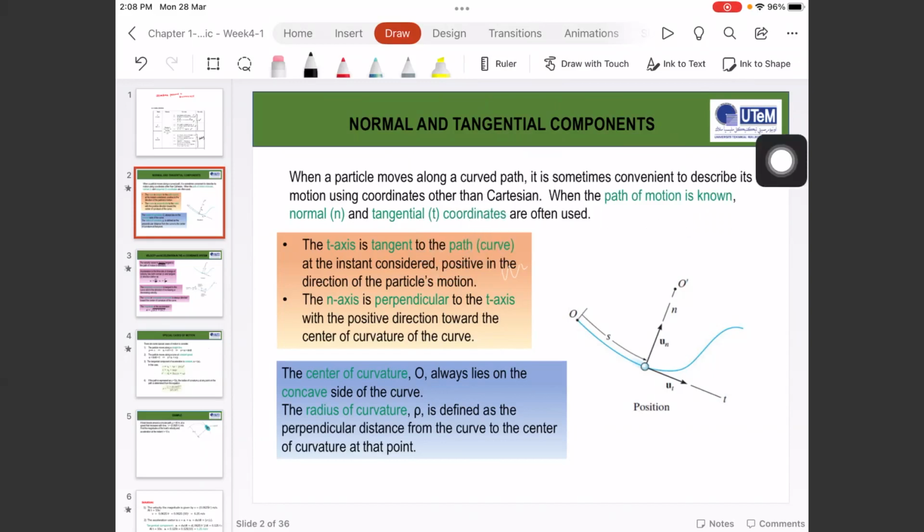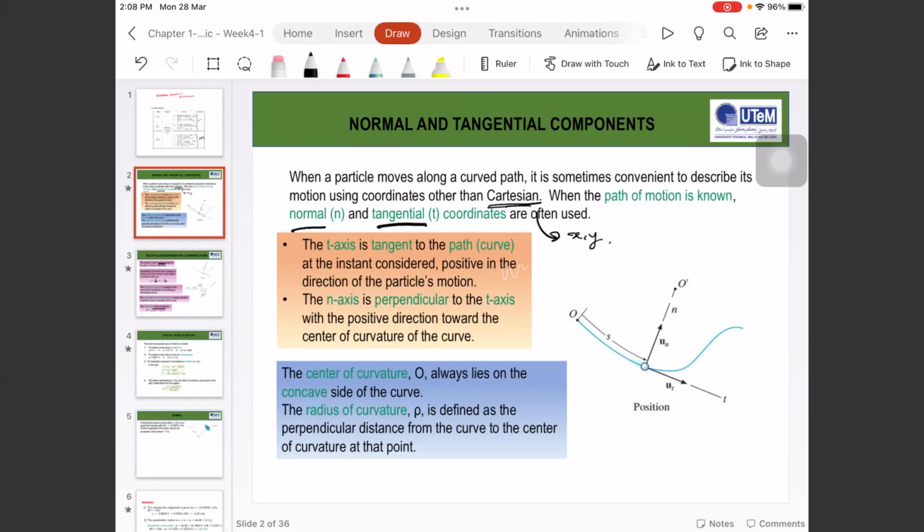Cartesian, this is referred to XY lah. Sometimes we can use normal and tangential coordinates. The t-axis is tangent to the path, and the n-axis is perpendicular to the path.